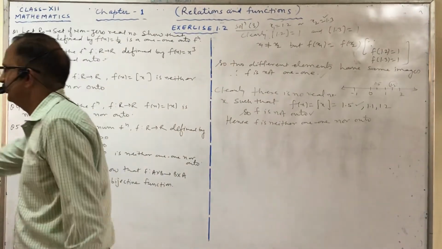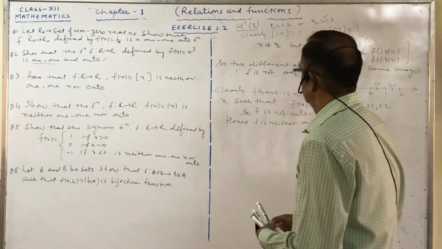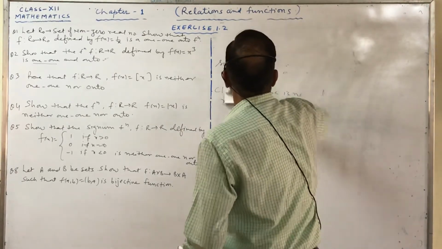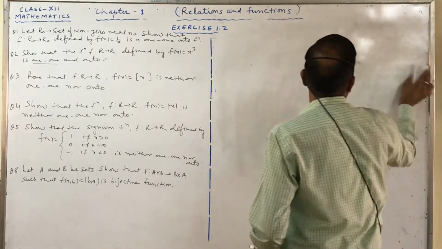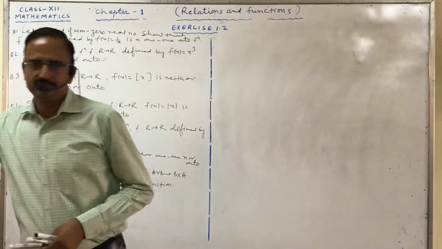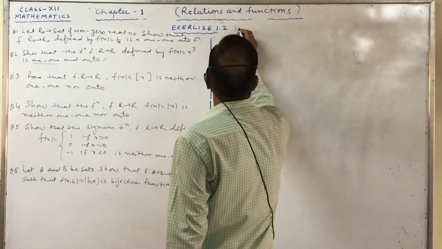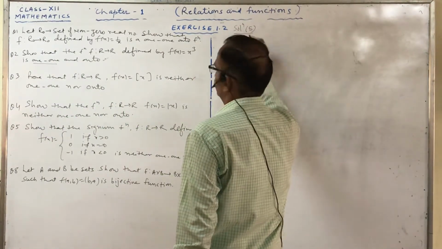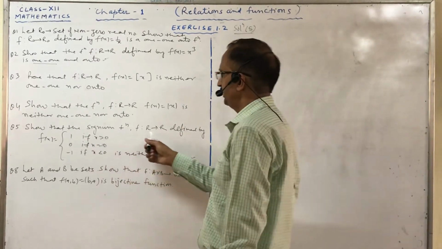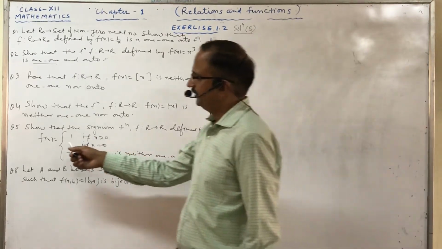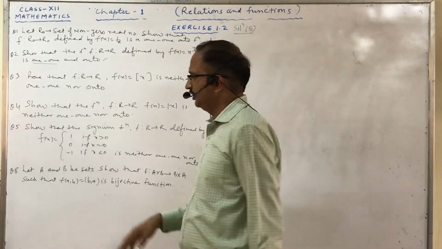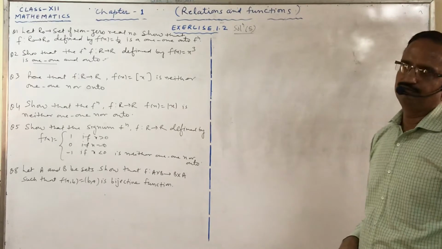Now come to this fifth one. Solution of the fifth question. This is the signum function. Show that the signum function f: R to R defined by f(x) equals 1 if x is greater than 0, 0 if x is 0, minus 1 if x is less than 0, is neither one-one nor onto.